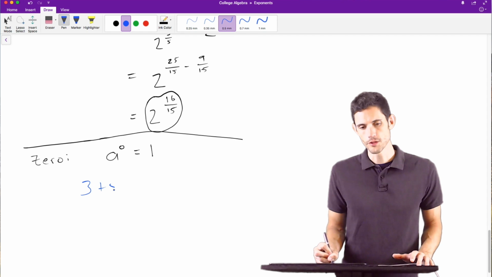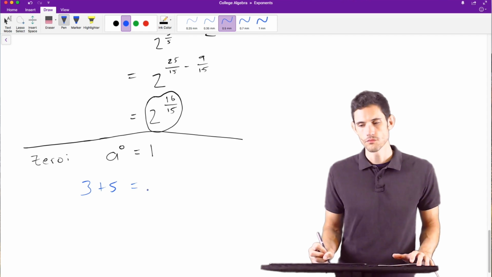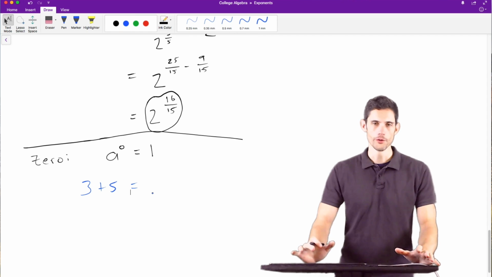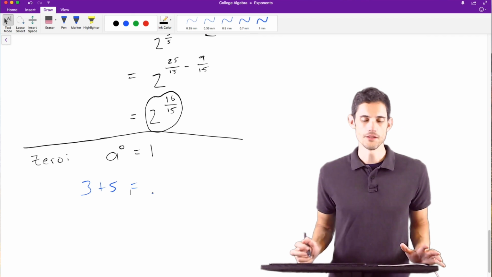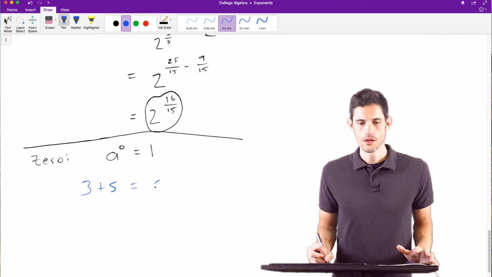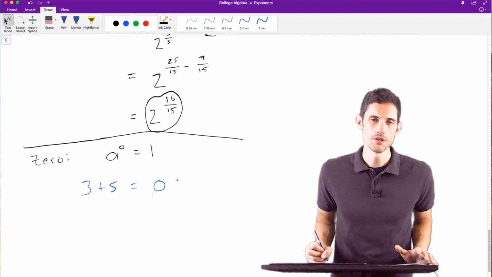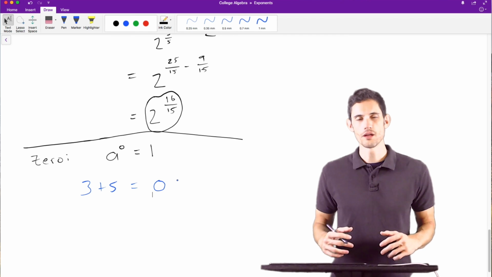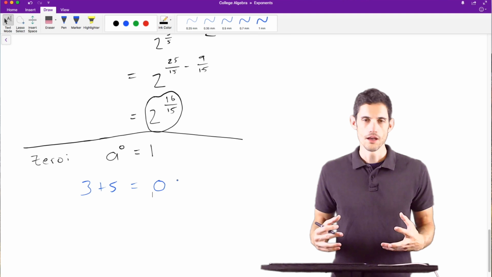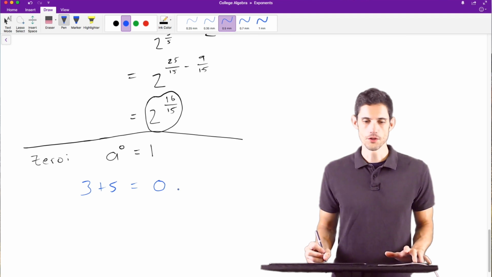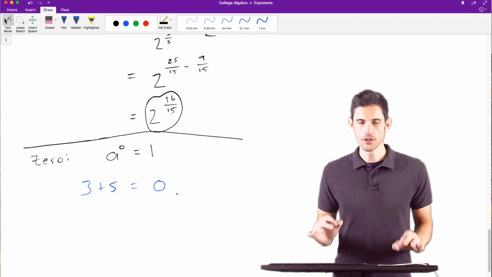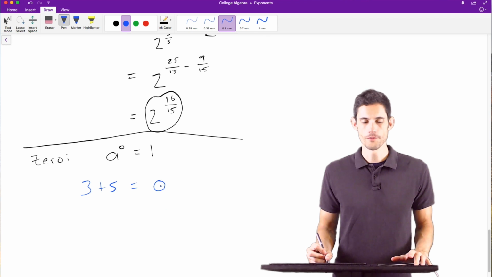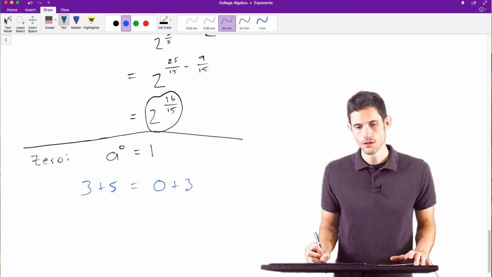That means if I'm thinking about 3 plus 5, what you're actually doing without knowing it is you're starting with the additive identity, which is 0. And that's the additive identity because you can take any number and add 0, and you'll end up with the same number that you started with. So what you're actually doing when you add 3 plus 5 is that you're starting with the additive identity 0, and then you're adding 3, and then you're adding 5.